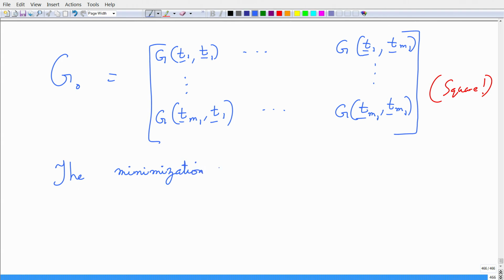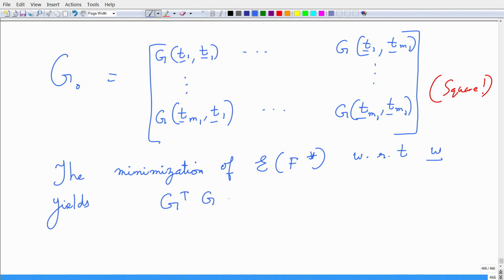The minimization of this Tikhonov functional E of f star with respect to the weights w yields the solution G transpose G plus lambda times G naught times this weight vector w equals G transposed d.